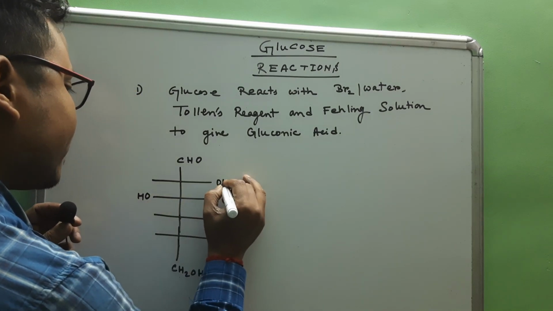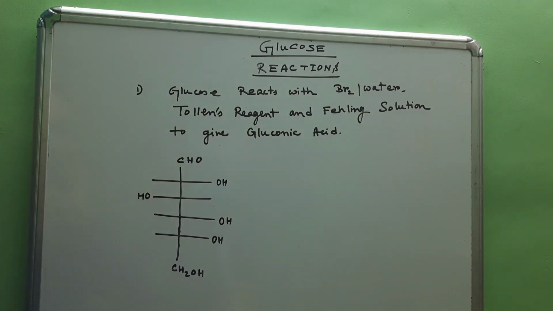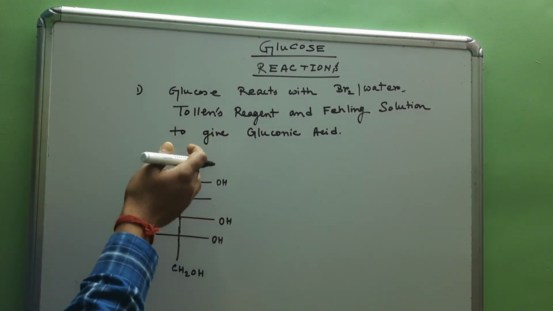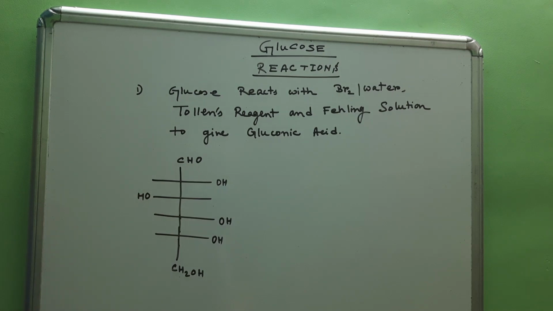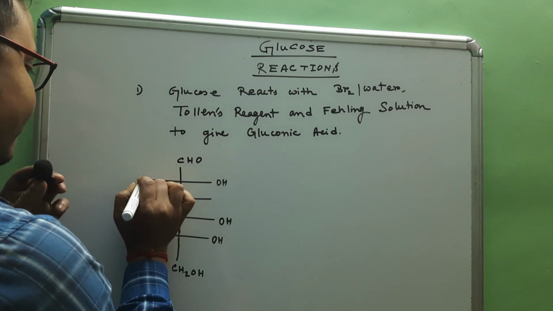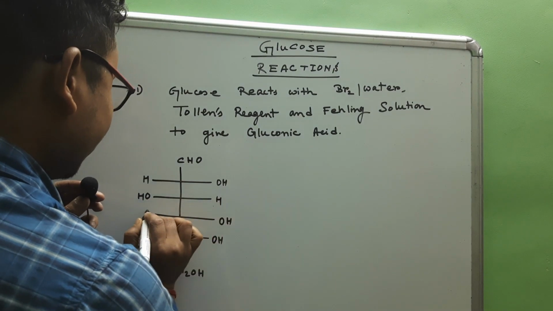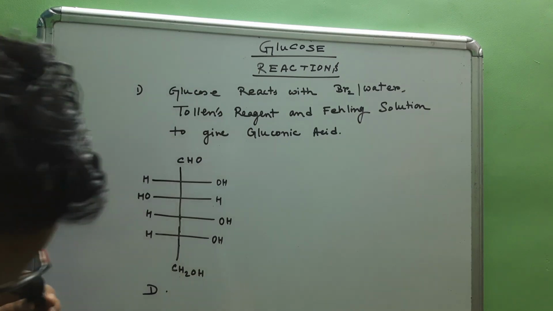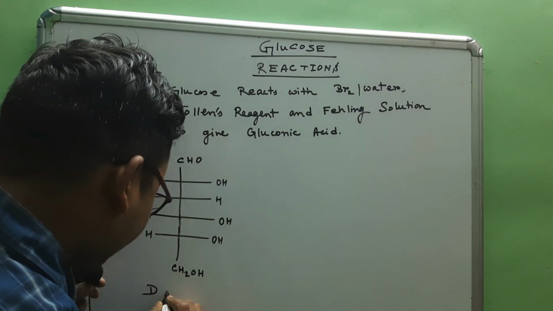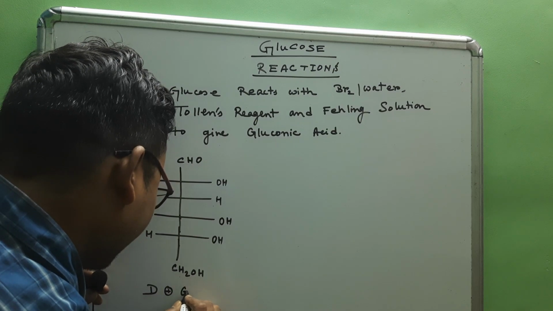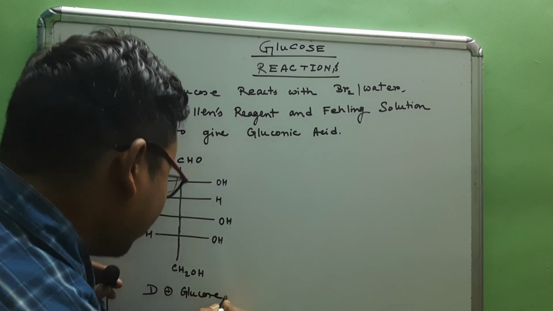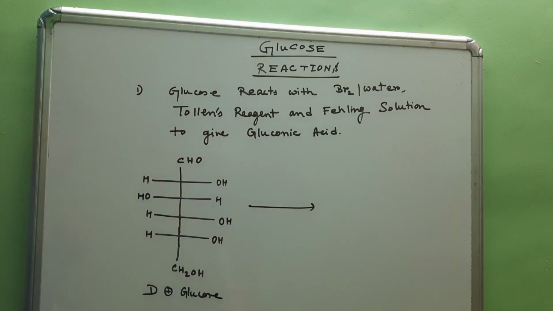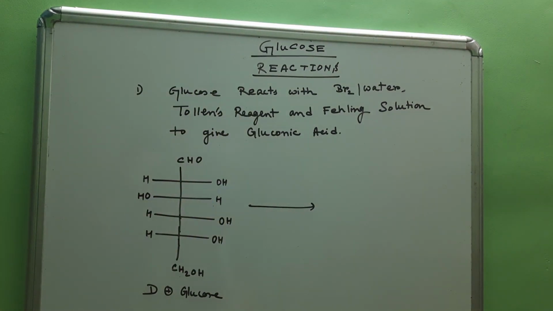The hydroxyl group at the second carbon atom is on the right hand side, the third carbon atom on the left hand side, and the fourth and fifth on the right hand side. So this is D plus glucose.